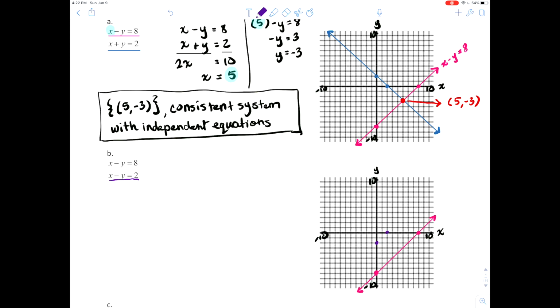And so we will get something like this. And lo and behold, look at that.